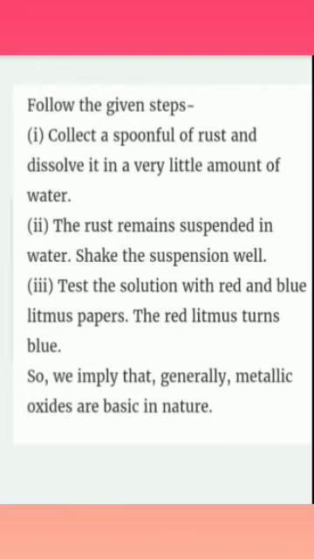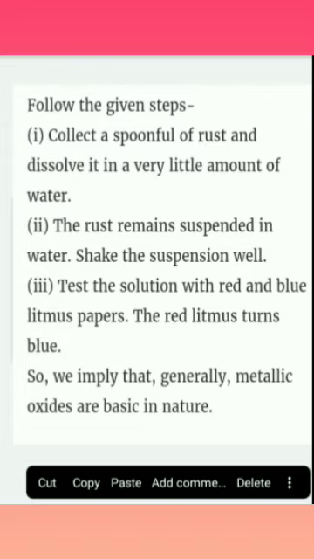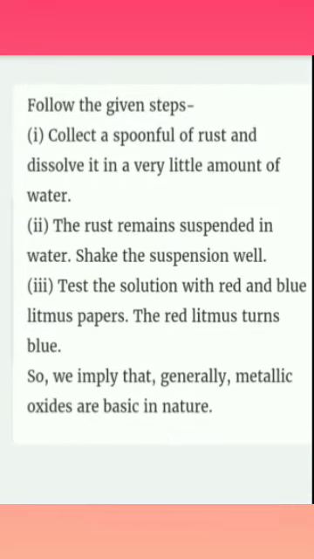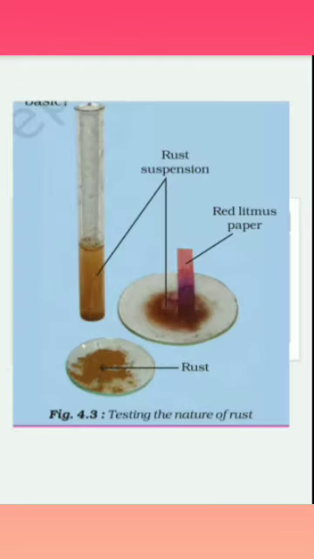Okay, then another example. Look at this picture. We take the rust in a test tube and dissolve it in water, pour some of this water into the watch glass, and then test with red litmus paper.